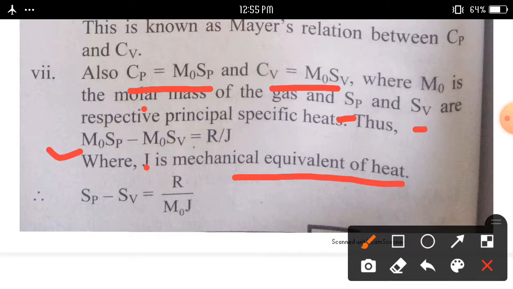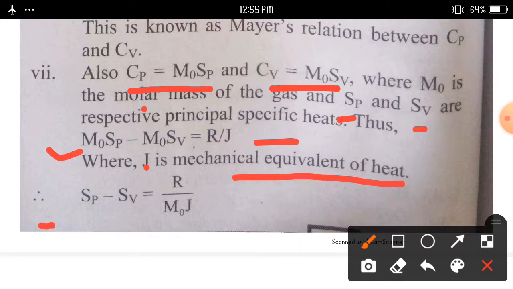Therefore, we can write Sp minus Sv is equal to R upon M0 into J. Rearranging this equation, we get Sp minus Sv is equal to R upon M0 into J. Here capital J is the mechanical equivalent of heat.